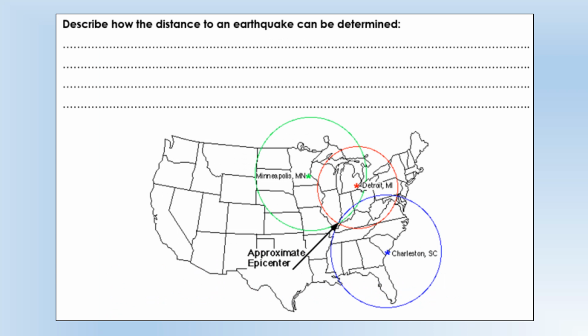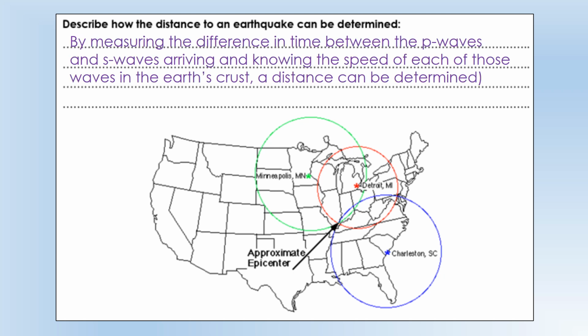So in terms of actually locating the epicenter of an earthquake, what we essentially do is we measure the difference in time between P waves and S waves arriving. And because we know the speed at which each of those waves travel, we can therefore know the distance the earthquake's epicenter is away from us.